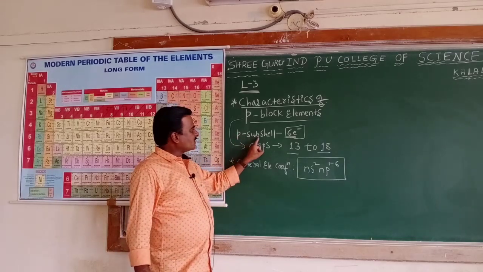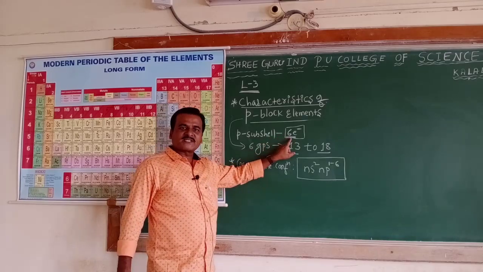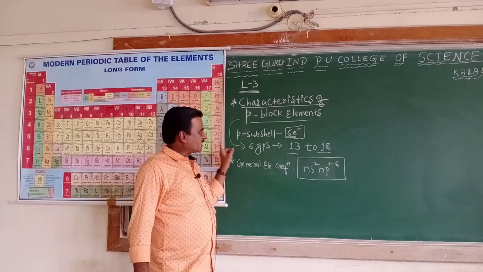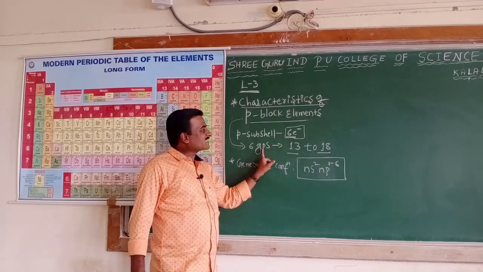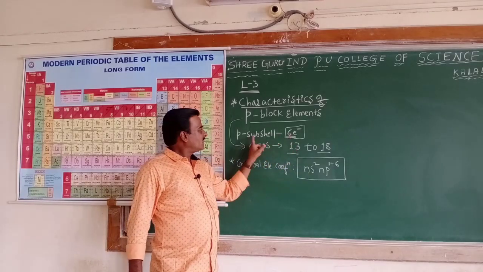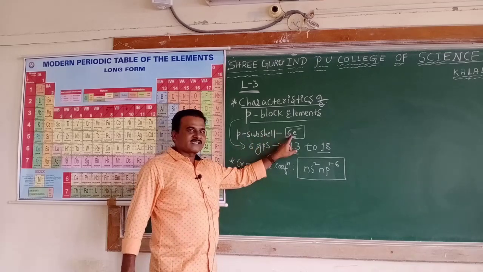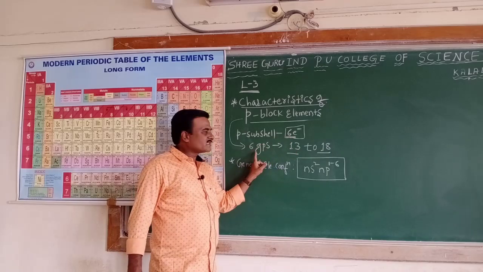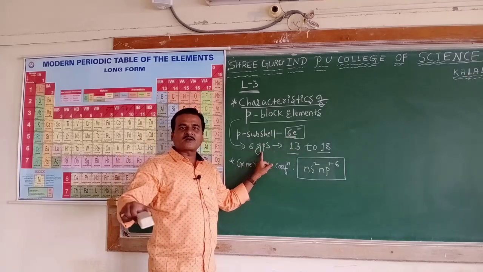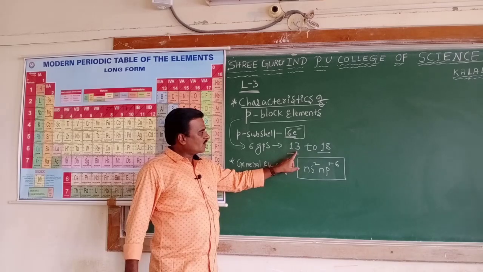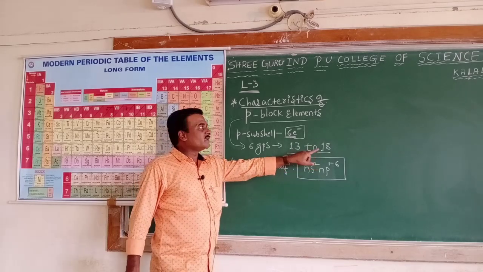Since P subshell can have a maximum of 6 electrons, the P block of the periodic table consists of 6 groups, numbering from group 13 to group 18.